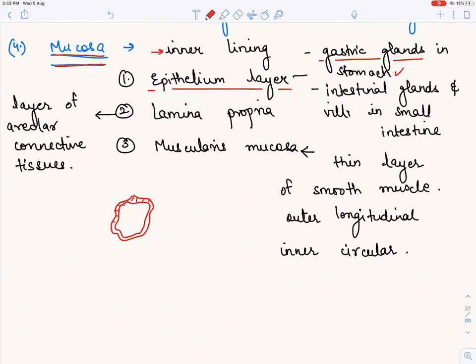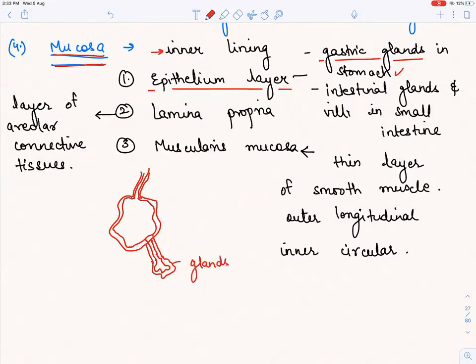So what is happening? So if this is the epithelium layer that I am talking about, what is happening? These are the glands, okay? These are the glands that I am talking about.